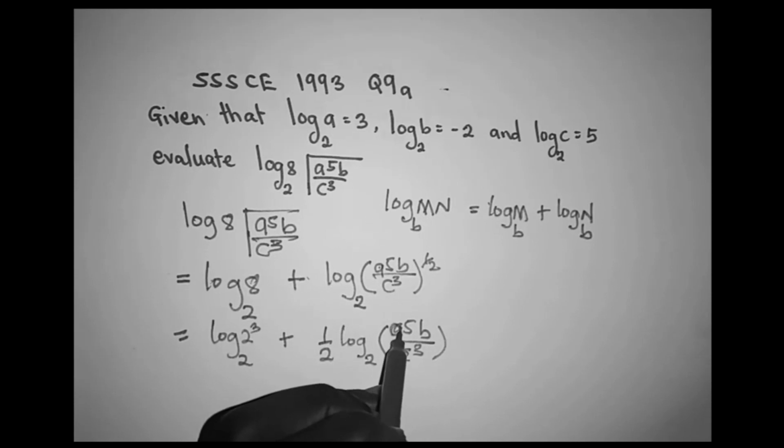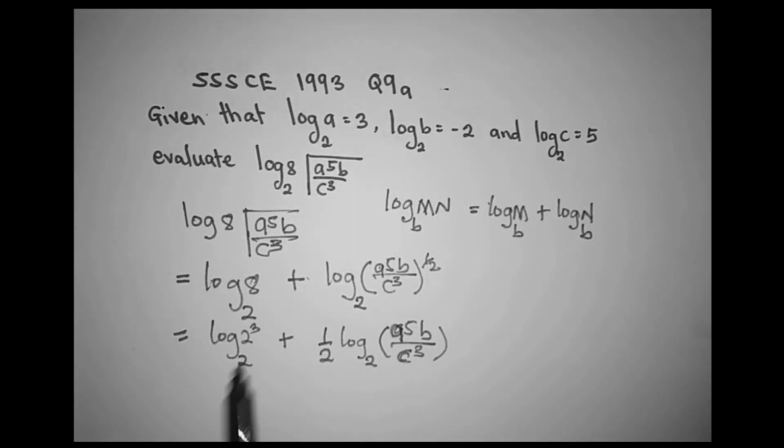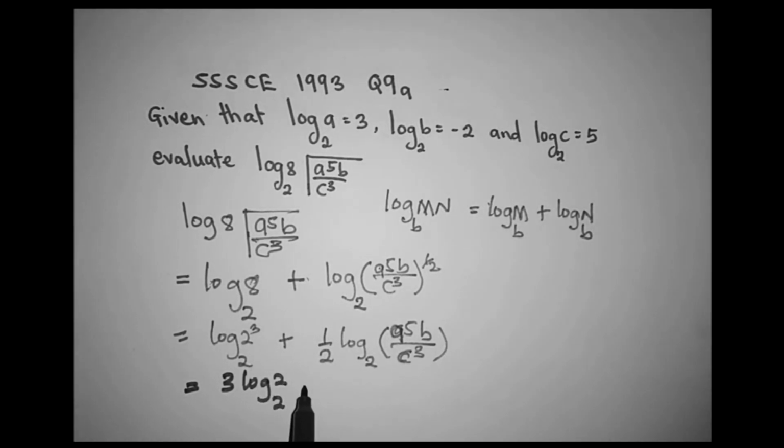So yes, a exponent 5. So this is equal to, we'll bring this 3 down, so it becomes 3 log 2 base 2 plus half.